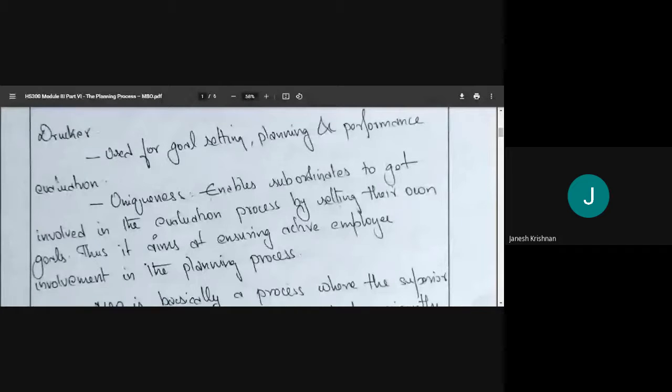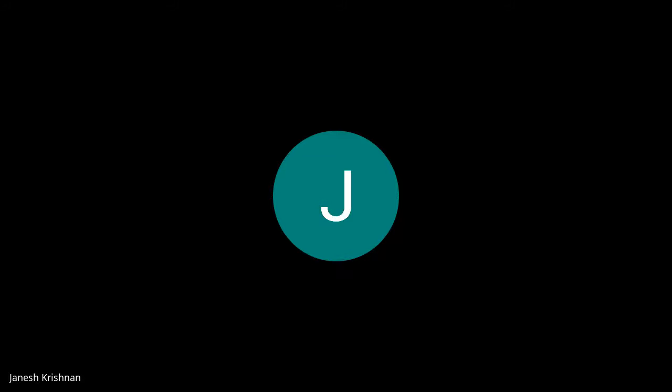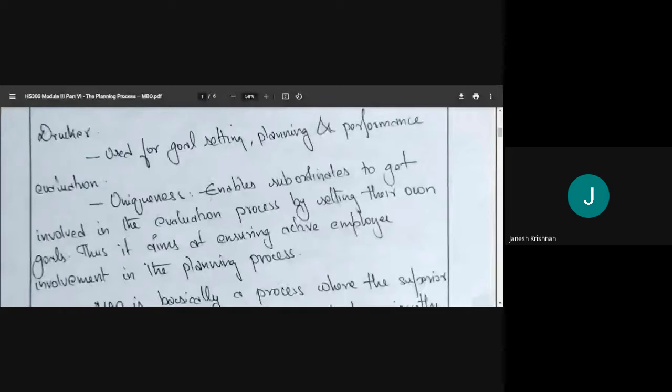Here you never talk about subordinates; understand that it refers to employees. What is the uniqueness? It enables employees to get involved in setting their own goals.